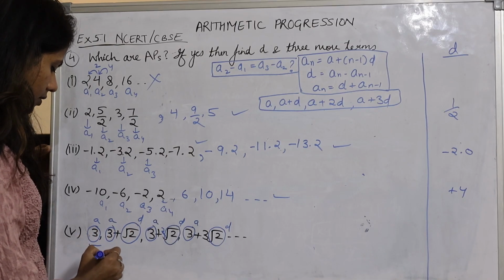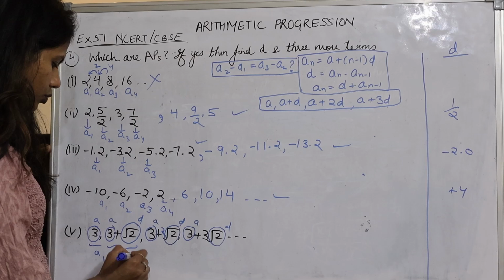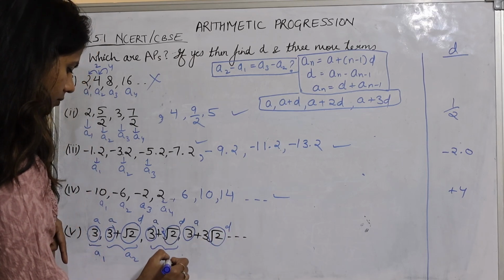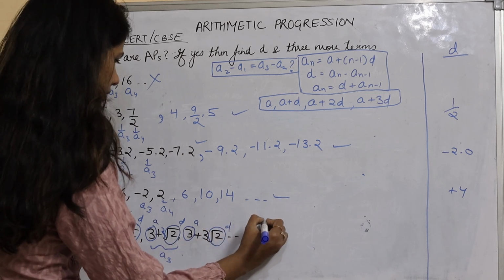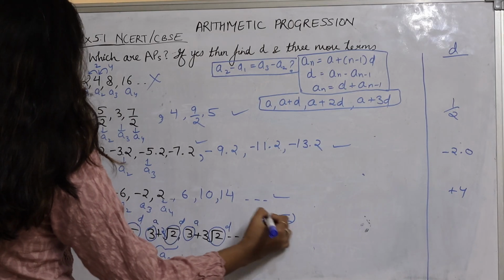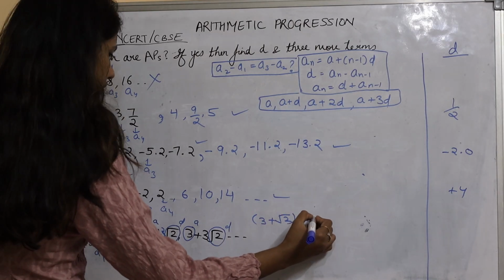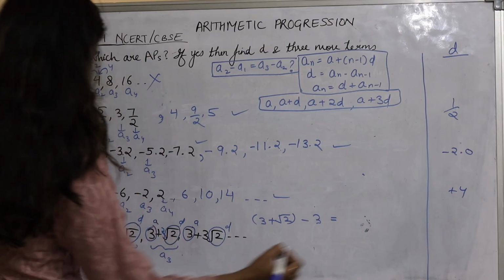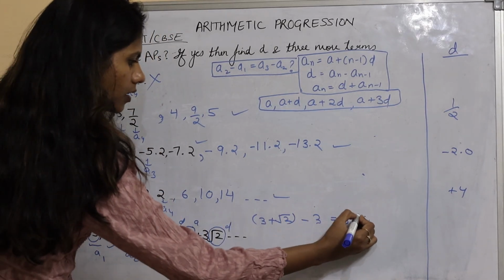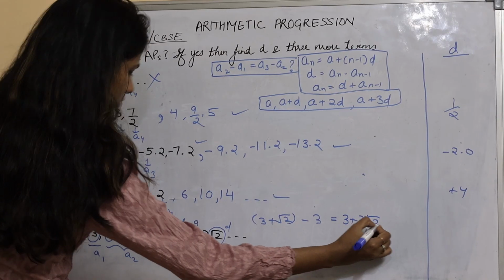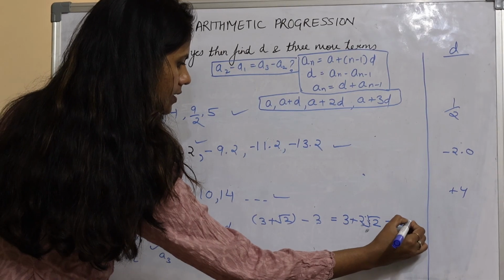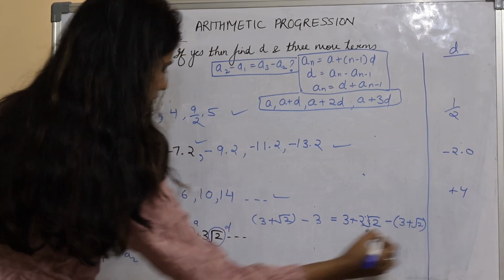This is A1, this is A2, and this is A3. So 3 plus under root 2 minus 3 is equal to 3 plus 2 under root 2 minus 3 plus under root 2.